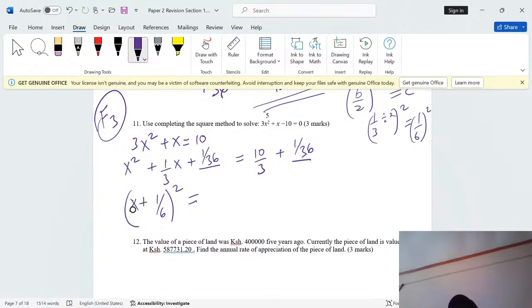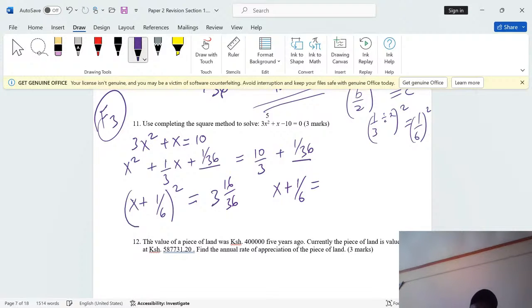And this becomes 3 and 13 over 36. We can take square roots of both sides now. We will have x plus 1 out of 6 equal to, the square root will be 1 and 5 over 6. So plus or minus 1 and 5 out of 6.